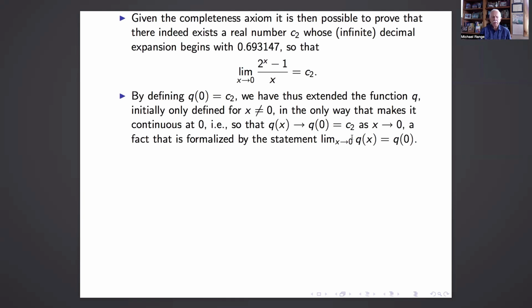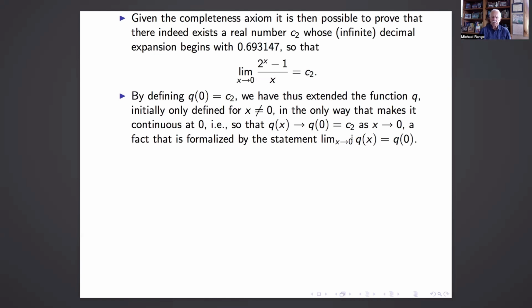By defining q at the point 0 by this number c sub 2, we have thus extended the function q, initially only defined for x different from 0, in the only way that makes it continuous at 0. So that is, so that q at x goes to q at 0, which is c2, as x approaches 0.